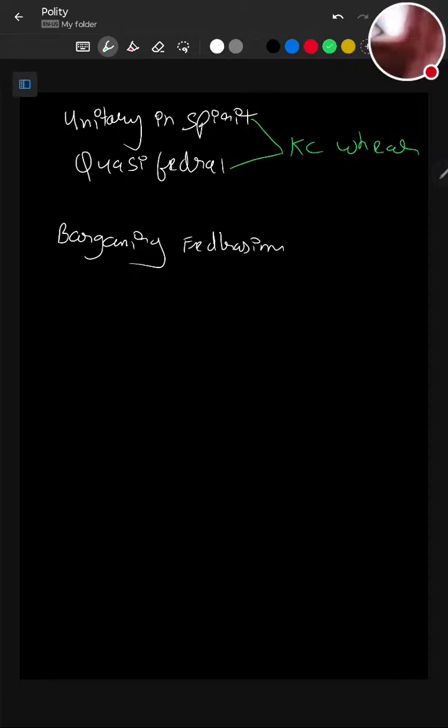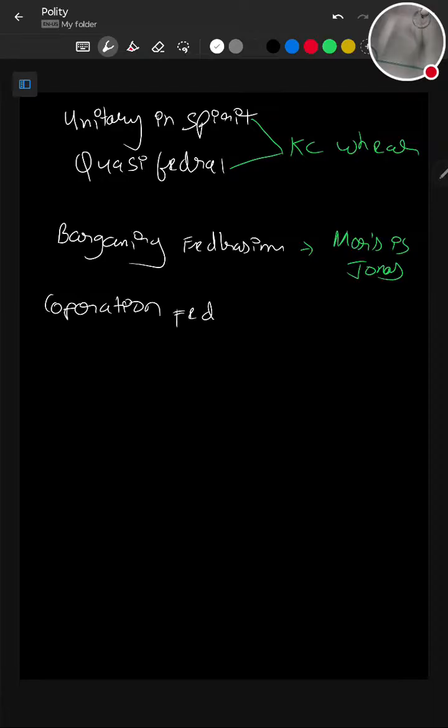This is said by Morris Jonas. Next is cooperative federalism. This is said by Granville Austin.